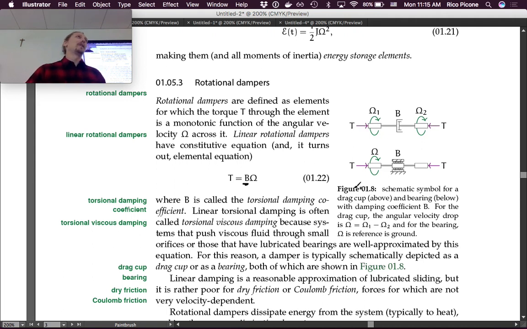You don't want your chassis typically to be rotating. It'd be weird if it was. So this is the representation for a bearing, which is pretty well approximated with this model. So the reference in this case is going to be to ground or to the chassis velocity.